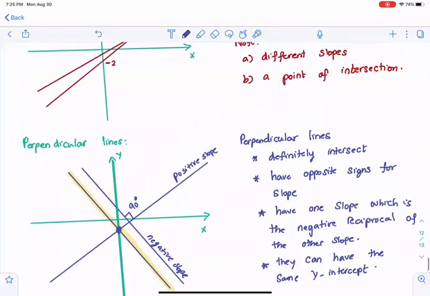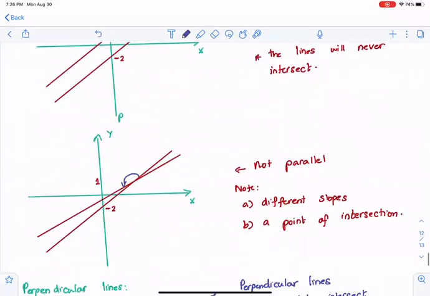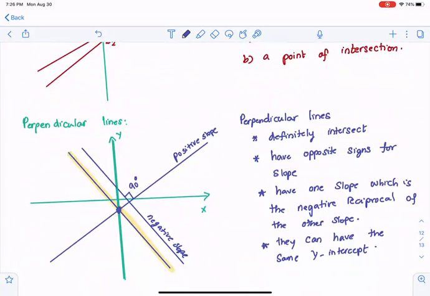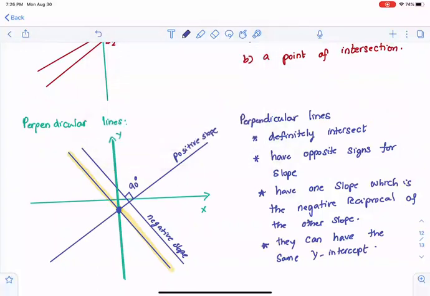So key things to note, parallel lines will have the same slope. Their y-intercepts are never the same. The lines will never intersect. Perpendicular lines, on the other hand, will have to definitely intersect at a right angle. That's very important.